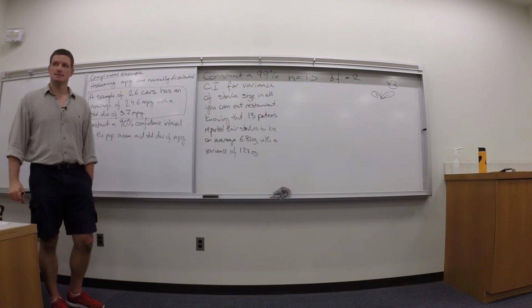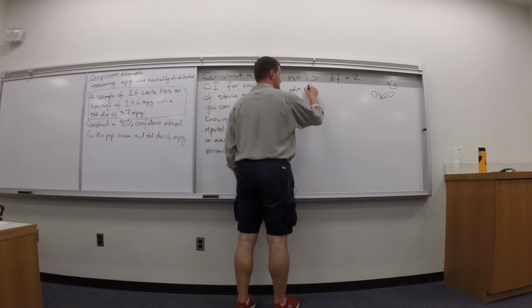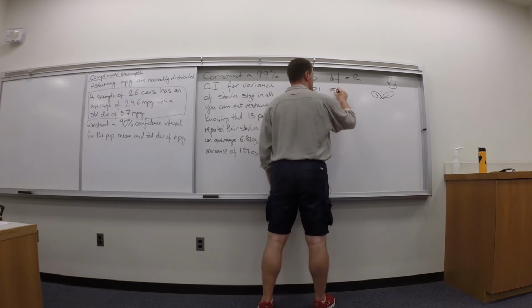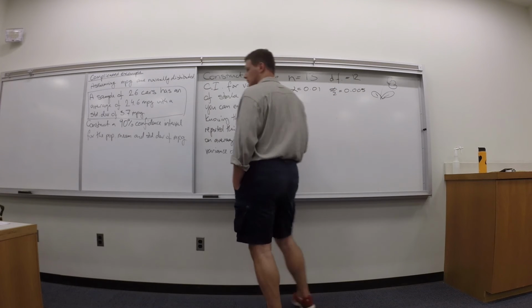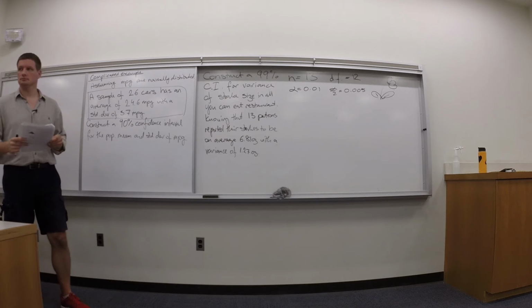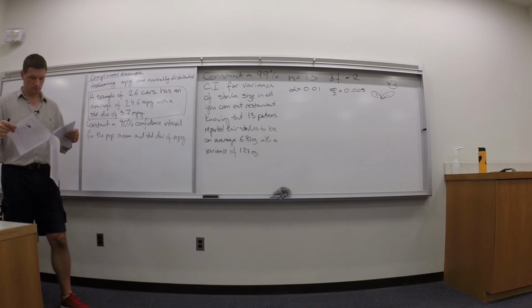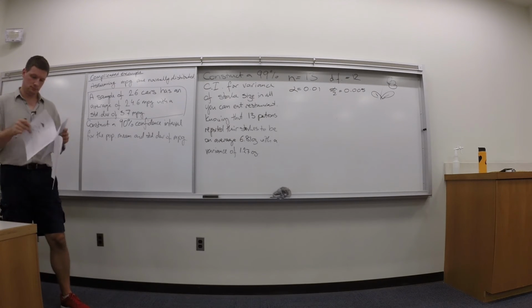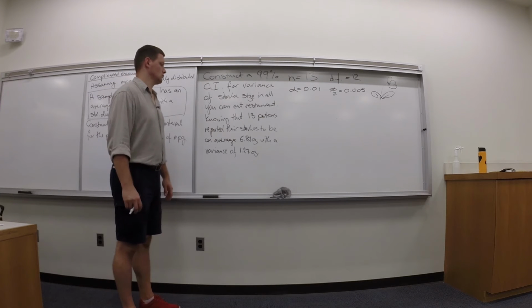Alpha over 2 is 0.005. Alpha, let's go with alpha first. But alpha over 2 is 0.005. Okay. Sigma is 1.27?